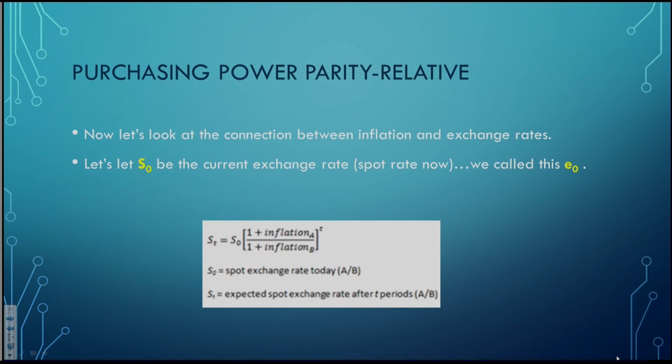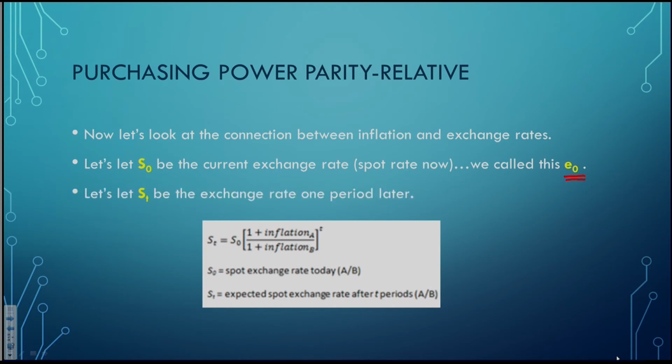So let's let S0 be the current exchange rate, in other words, the spot rate right now, and we're going to call this E0. Okay? So S0, the spot rate now, is going to be E0.